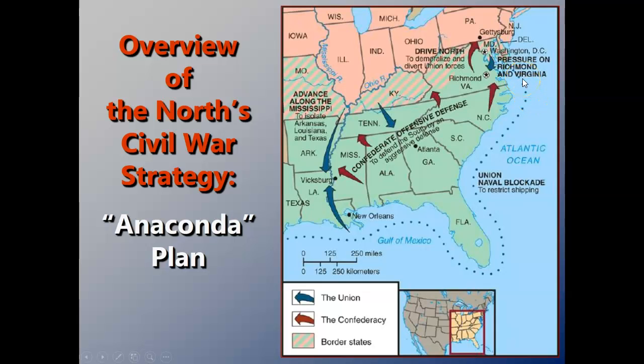The other part of the plan was to divide the South, keep pressure on Richmond and Virginia, force the Confederates to defend Richmond, while at the same time drive down the Mississippi and split the western part of the Confederacy from the eastern part. And force the South really to defend itself.